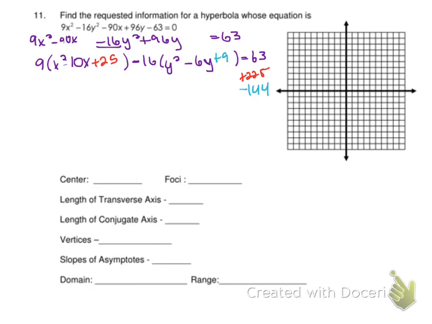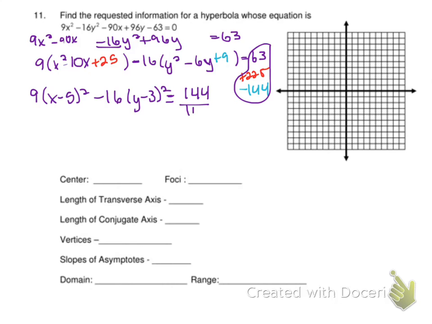Now if I continue on, 9(x minus 5) squared minus 16(y minus 3) squared equals, now I have 63 plus 225 minus 144, and that equals 144. So I just summed all that together.